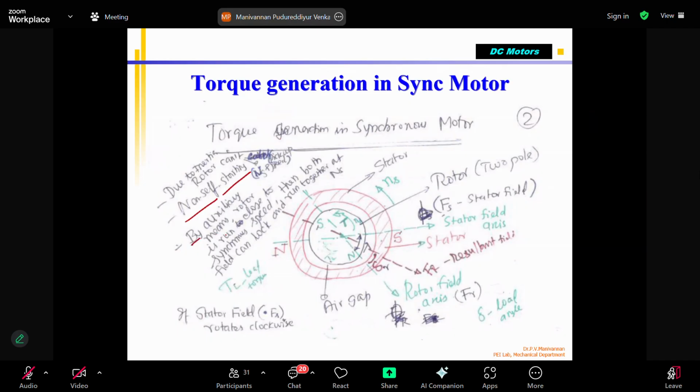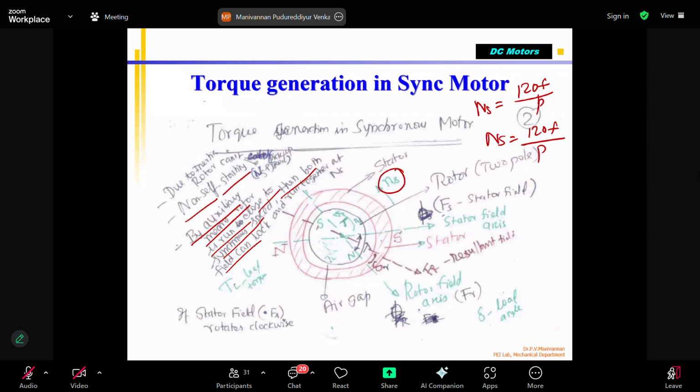By using an auxiliary motor, the rotor is run close to the synchronous speed of both the fields. We know the synchronous speed. How will you find it out? Synchronous speed Ns equals 120 F divided by small p, or 60 F divided by capital P, which depends upon the number of poles given in the problem.